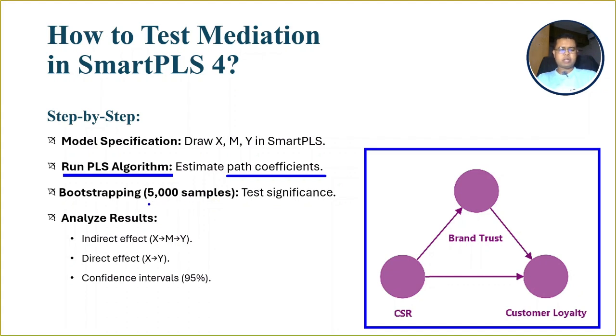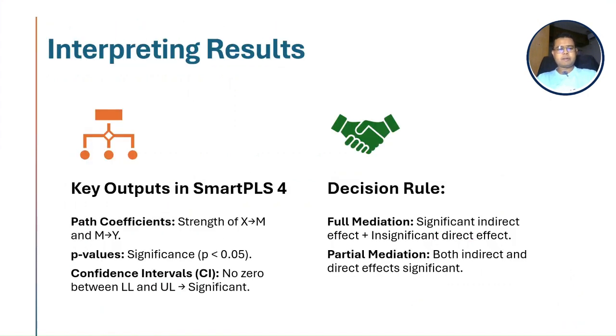In some cases, you can use 10,000 samples. It doesn't matter. So when analyzing the result, we will test the indirect effect, direct effect, and the confidence interval. Moving next, interpreting the result.